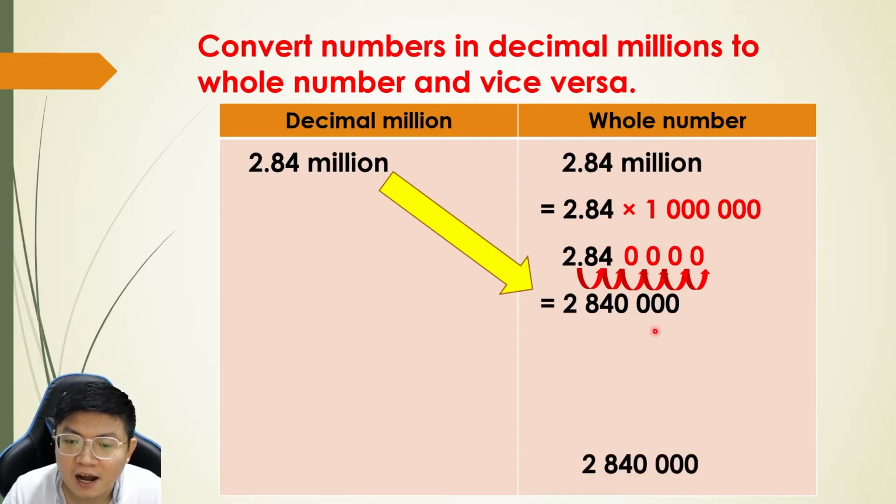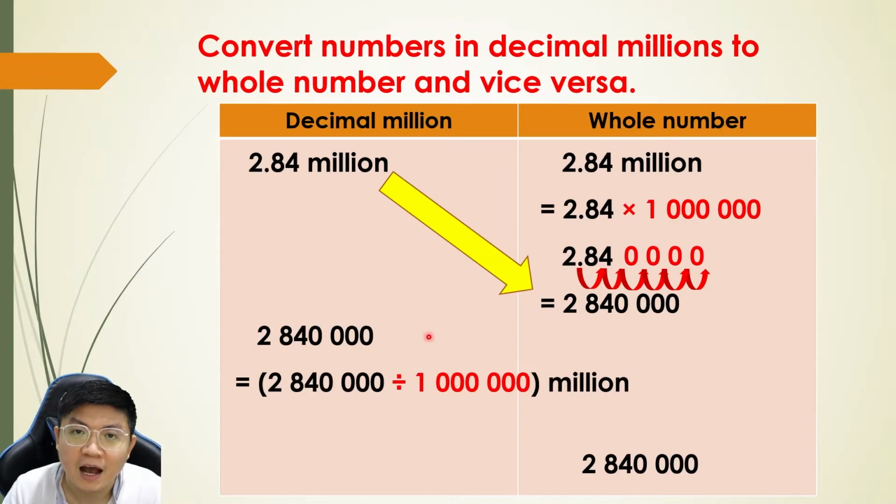So this decimal million we already converted into a whole number. And this time we convert back to decimal million. Starting from 2,840,000, I divide by 1 million. So bracket it, write million. Starting from 2,840,000, I shift 6 times backward, yeah?